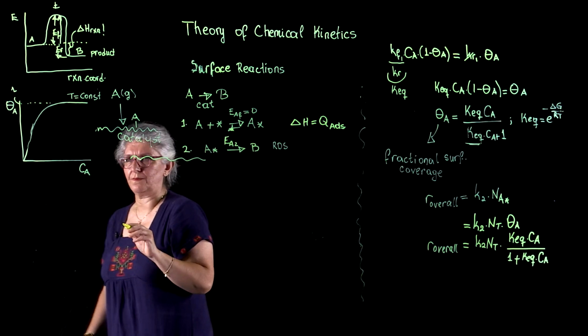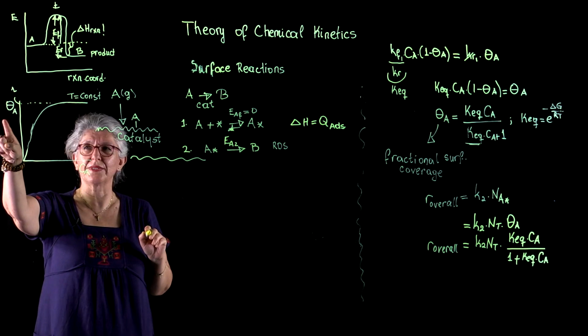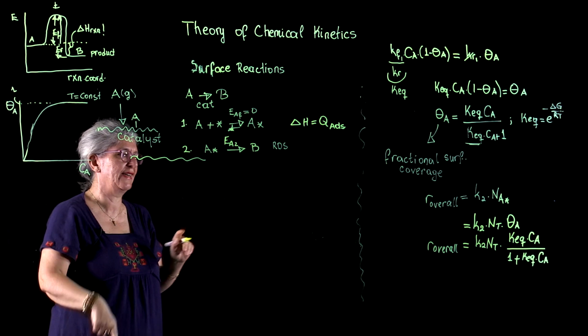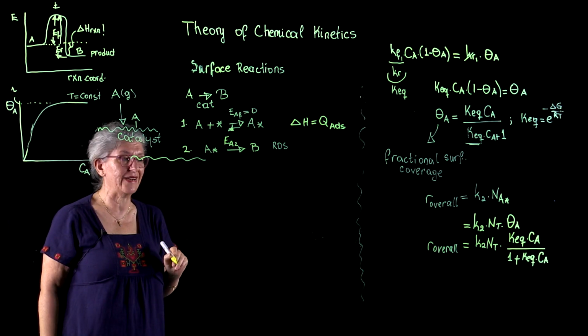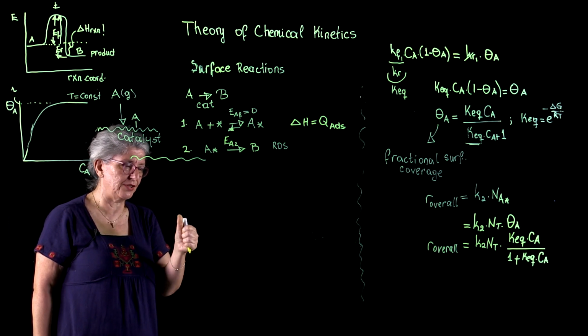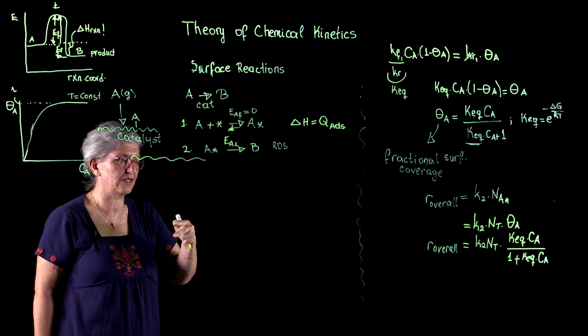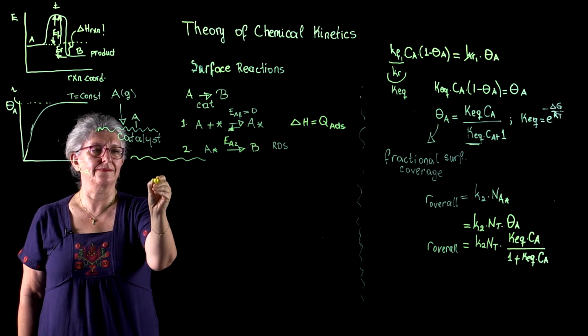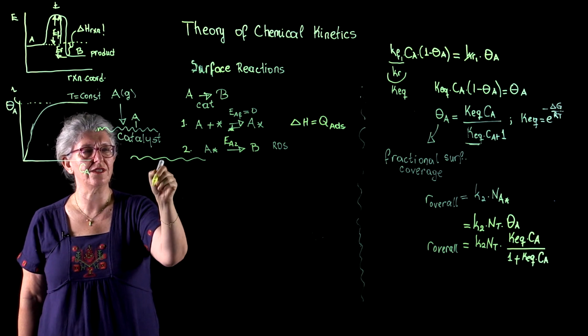So, now this is the isotherm. This is how it behaves as a function of concentration of species A. Now let's see how our rate is going to behave as a function of temperature and as a function of concentration of species A. So this is our reaction.